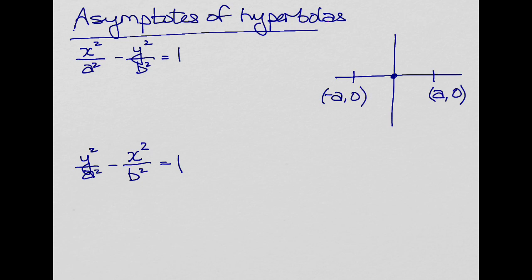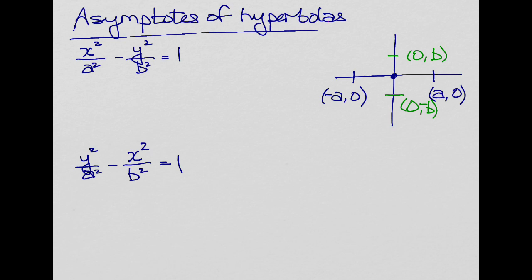And then I'm going to go a distance of b on the conjugate axis, the y-axis, both directions. So I'm going to have a point here at 0, b. I went up b from the center, and here I went down b from the center.